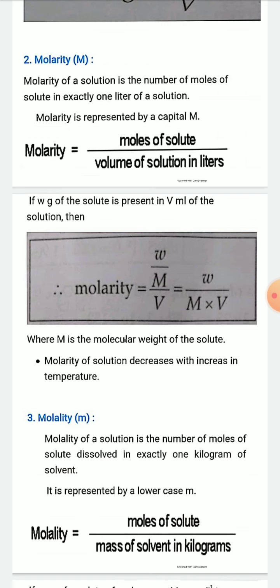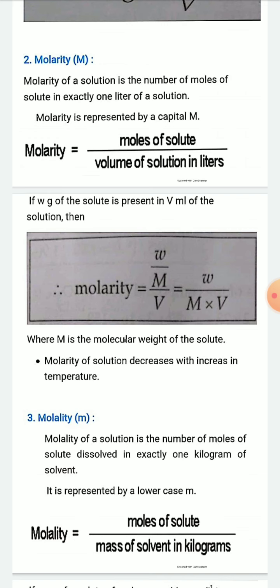Molarity is represented by capital M. The molarity of a solution is defined as the number of moles of solute per liter of solution. That means molarity means number of moles of solute per liter of solution.